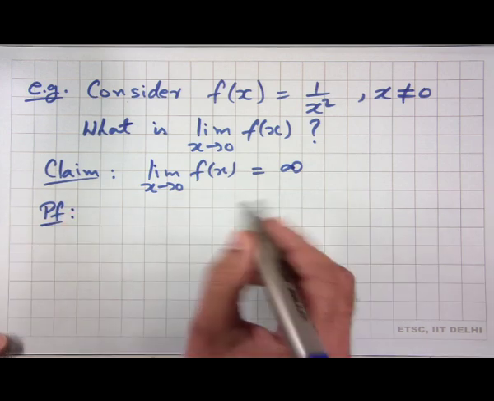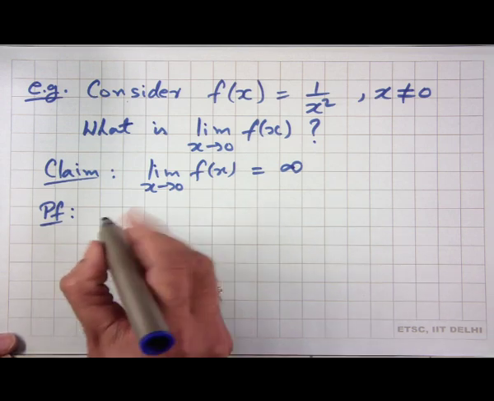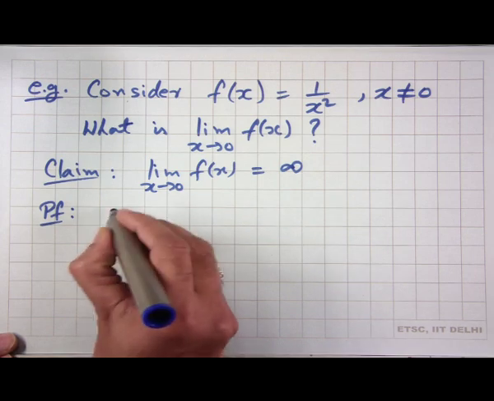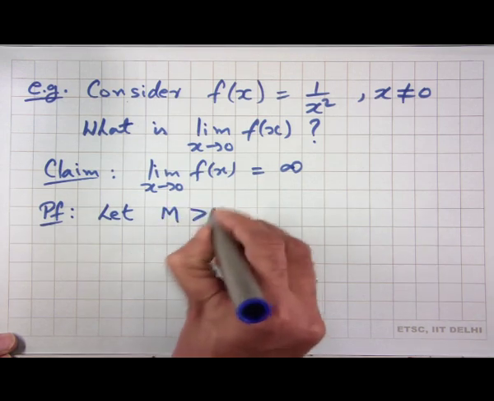To show this, we have to show that given any m positive, we can find a delta. So, let m greater than 0 be given.